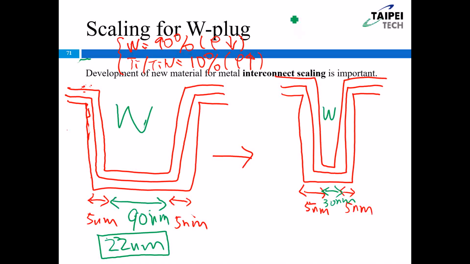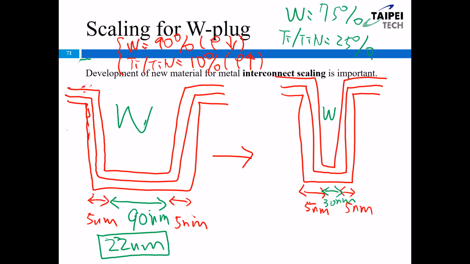Right now, you see, only 75% is tungsten, and the Ti and TiN occupy another 25%. So the percentage has changed. Because we must have the adhesion layer and the diffusion barrier, we must deposit Ti and TiN before the tungsten.